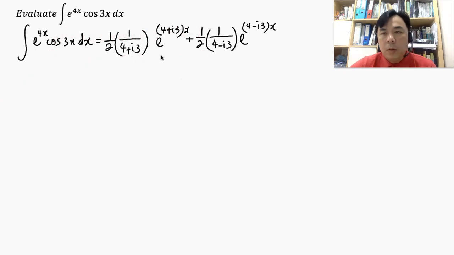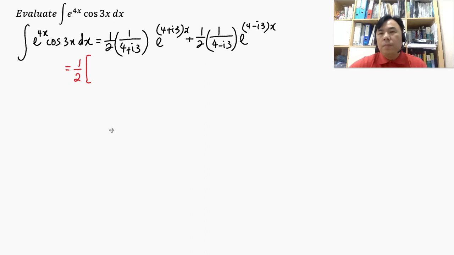This is the result that we have obtained previously. I just rewrite it again. Now from here, as I mentioned before, what we need to do is to isolate the imaginary component from the real component, and we're only interested in the real component itself. On the right hand side, we need to rationalize this complex expression. Maybe I'm going to take out the half here, it's easier to work with.